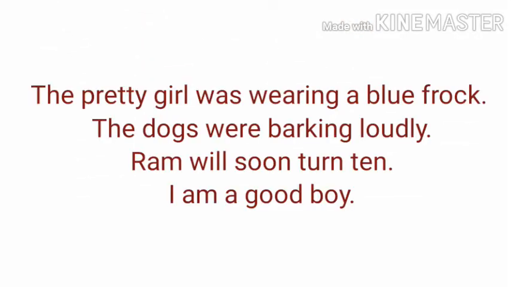Now let's see few more examples of subject and predicate. The pretty girl was wearing a blue frock. So the pretty girl is a subject. Was wearing a blue frock is a predicate. Second one, the dogs were barking loudly. Who can tell? Yes, very good. The dogs is a subject. Were barking loudly is predicate.